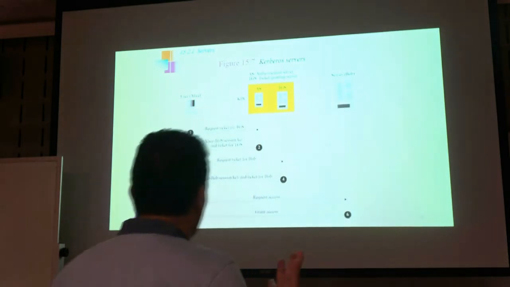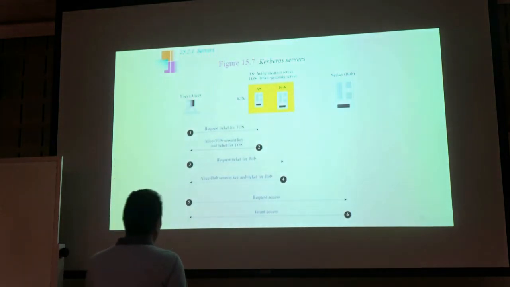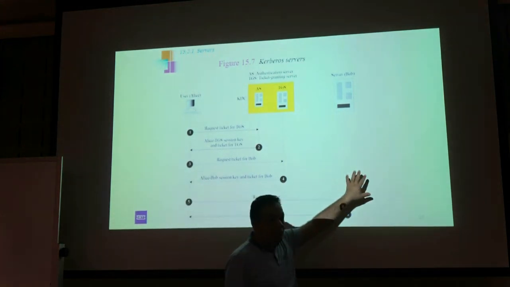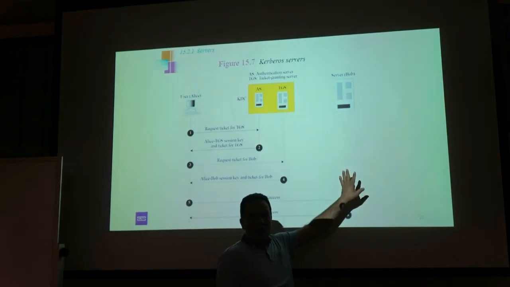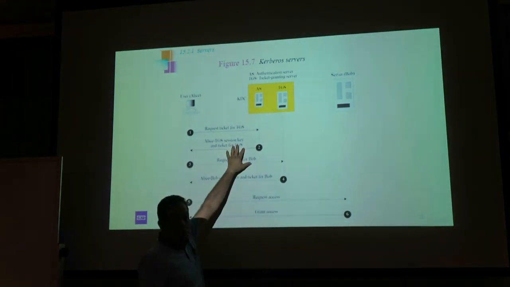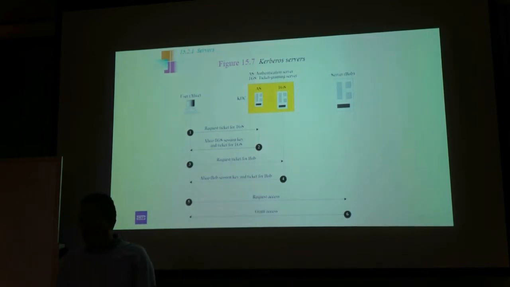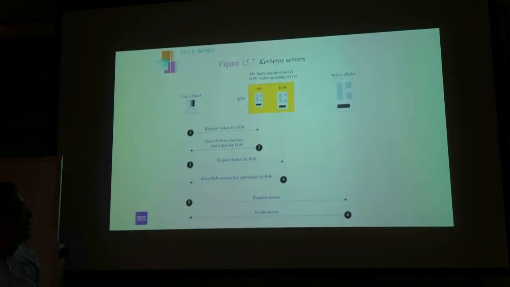So in short, if you have a service that would like to authenticate with the server, the first step is to authenticate with the AS, the authentication server. Then, when you authenticate, it will grant you a ticket.